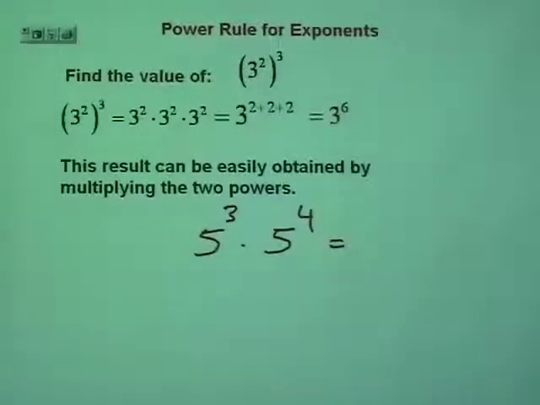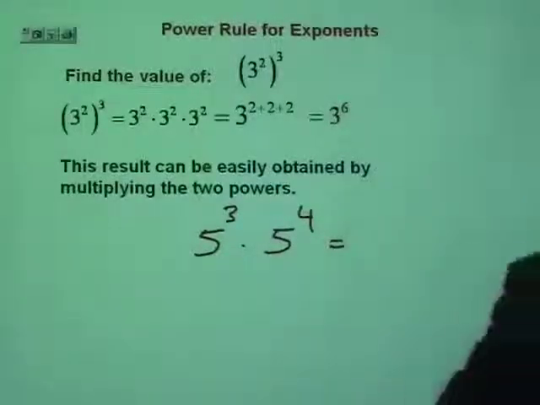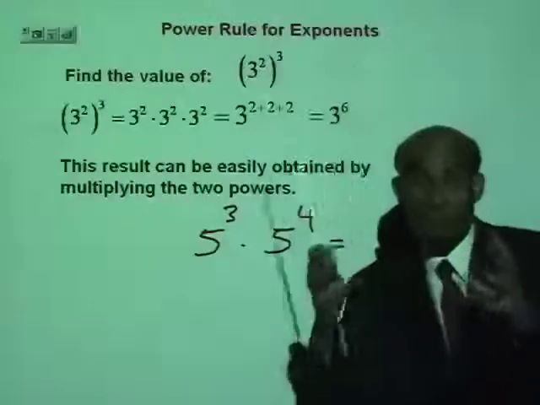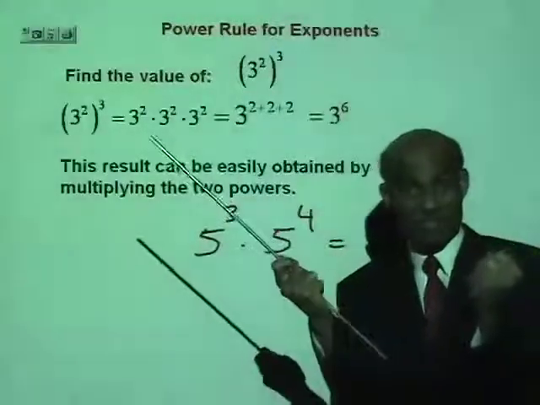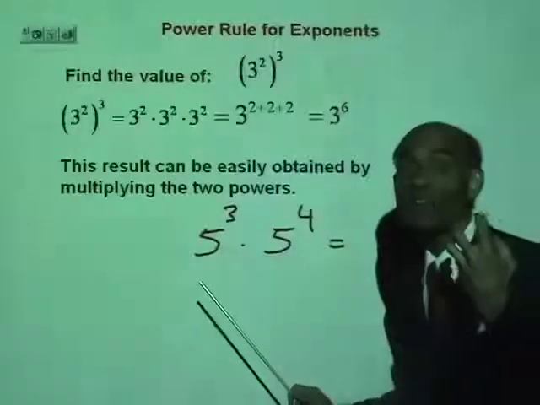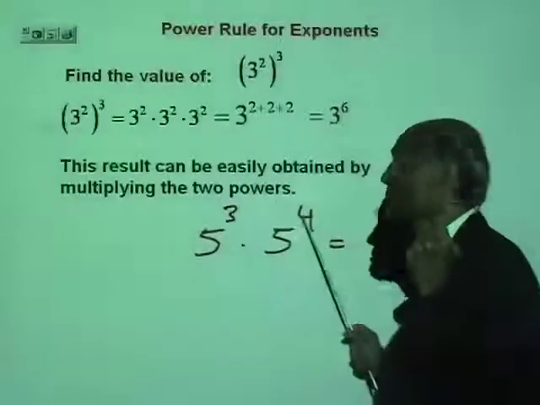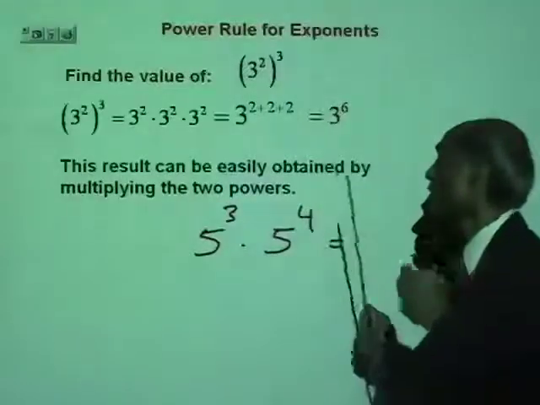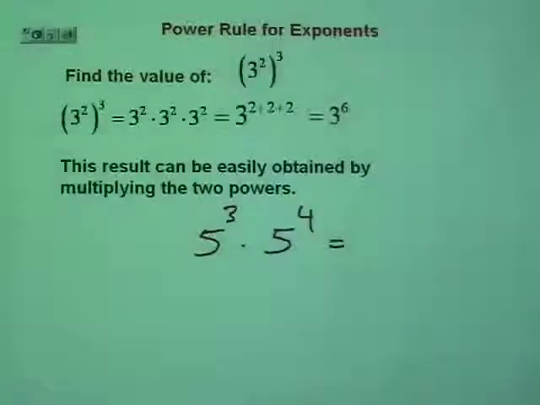This time you are multiplying two expressions and each has the same base. In this case, you add the exponents. This will be 5 raised to the power of 3 plus 4.